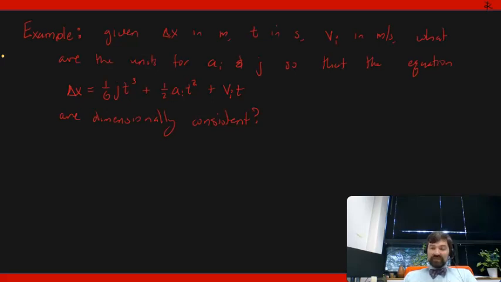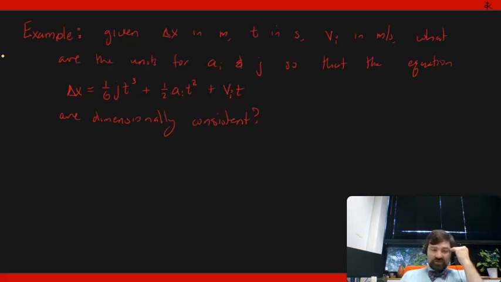Now this is one of the limitations of this method, because if you try to reverse engineer this equation without knowing what the coefficients are supposed to be, knowing the units for everything, you might be able to get that x should look like j times t cubed and a times t squared and v initial times time, but you don't know what to put in front, like a 1/6 or a 1/2 or a 1 or a -1 if it's subtracted. So this is one of the limitations of dimensional analysis.